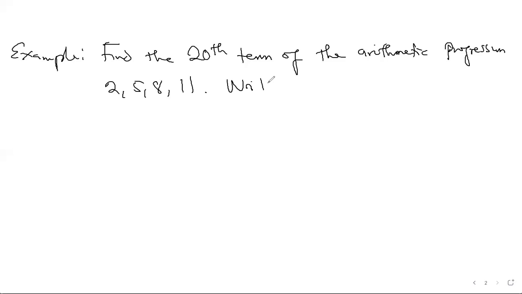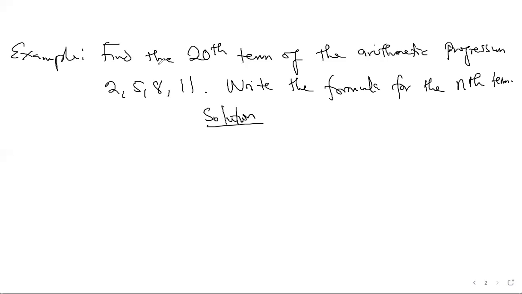Write the formula for the nth term. Okay? So how do we solve it? Here we have to find the 20th term. That means we know N is 20. That's the position that we are looking at.